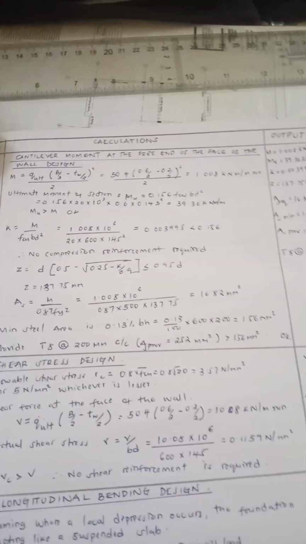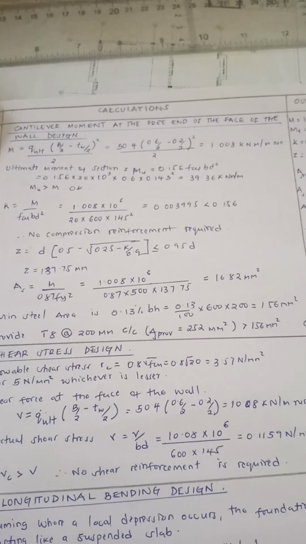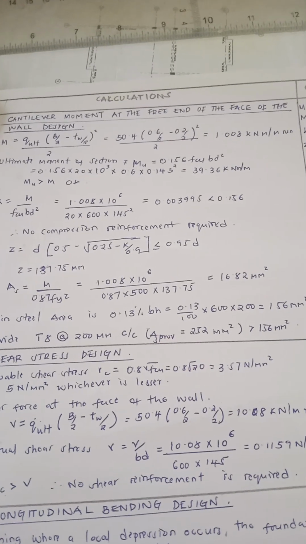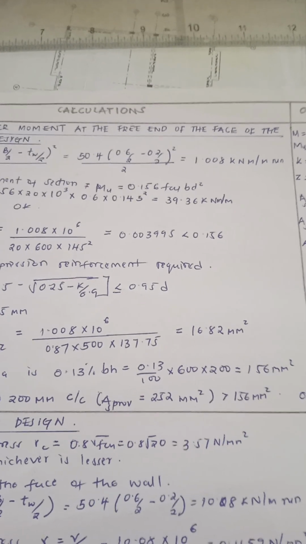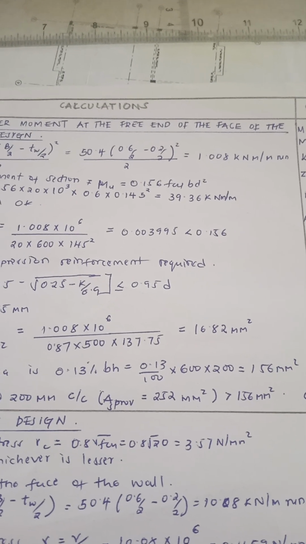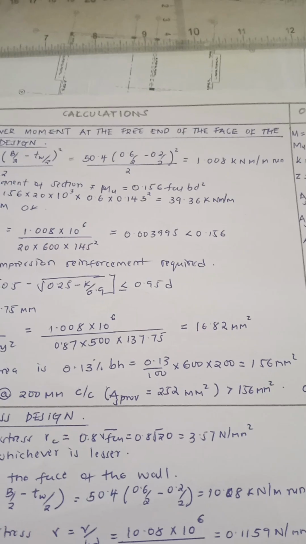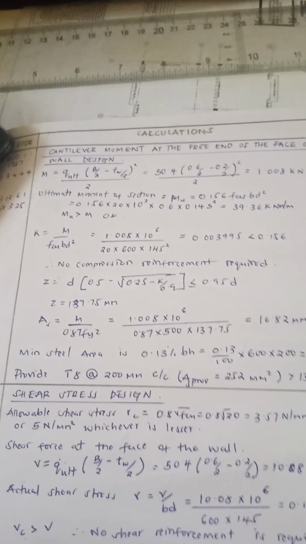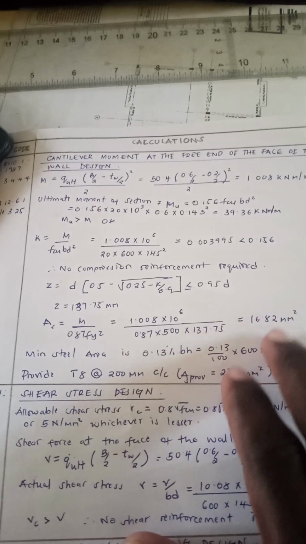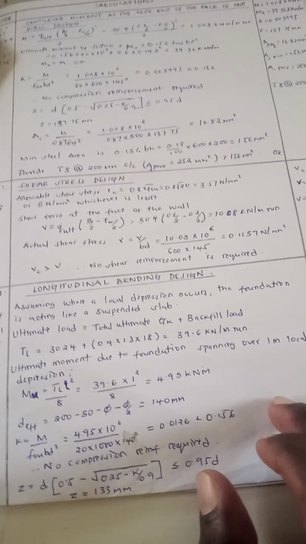Then straight we move to cantilever moment calculations, which is done at this point to verify the concrete capacity and of course to determine the steel reinforcement. Then straight you move to shear checks, then longitudinal bedding design.